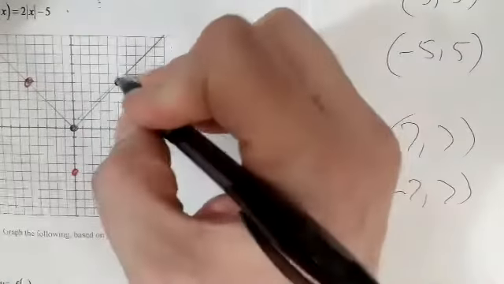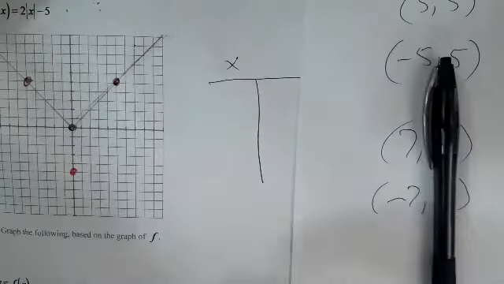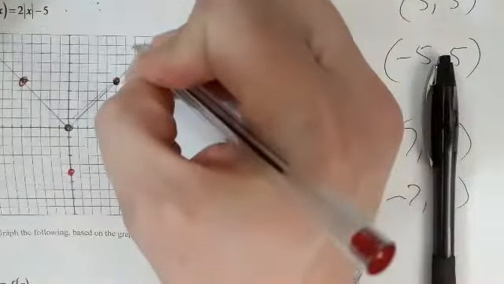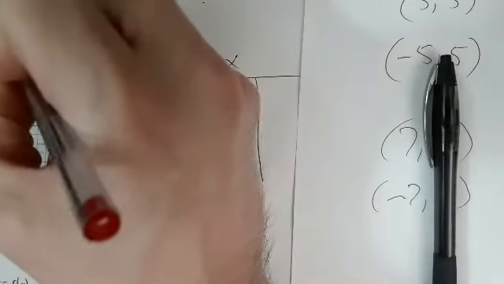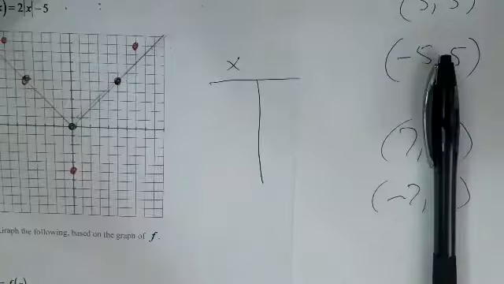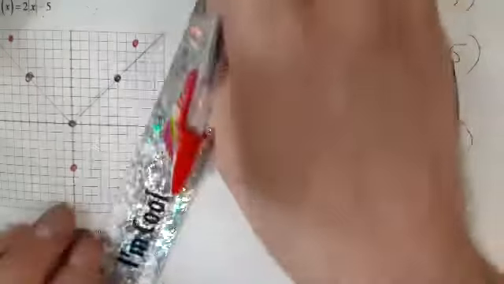So I think (7, 9) should also be a point. 5, 6, 7 should be 9. If I do negative 7, it should also be 9. So now trying to draw this.